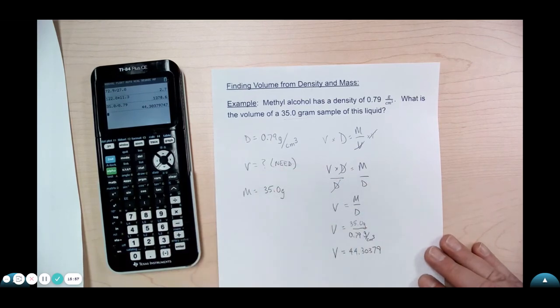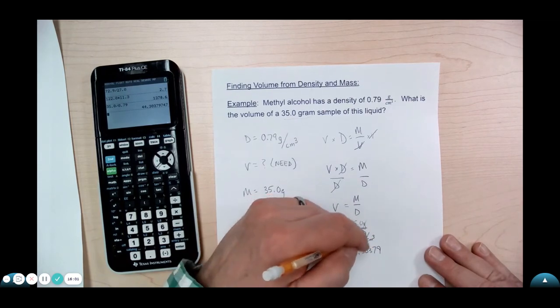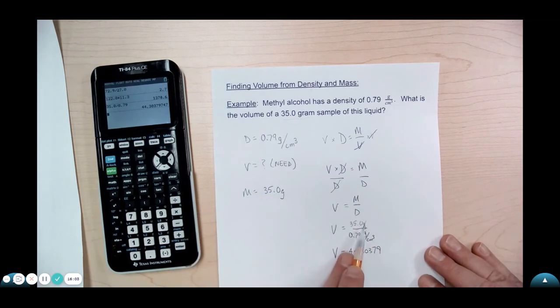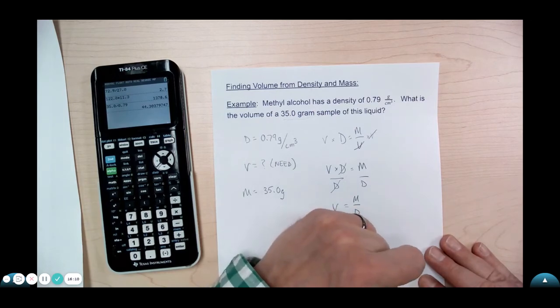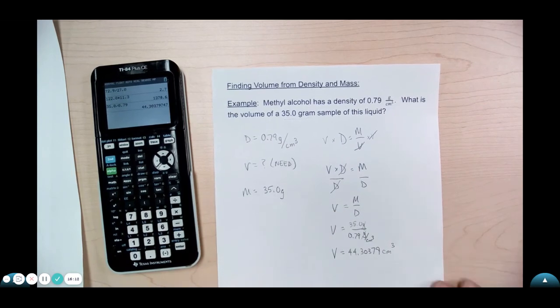And what would the units be? Well, grams divided by grams cancels. Now I got 1 over cubic centimeters for units. So this is like a denominator in a denominator. So that flips up to the top. The units do work, but it's not rounded appropriately.